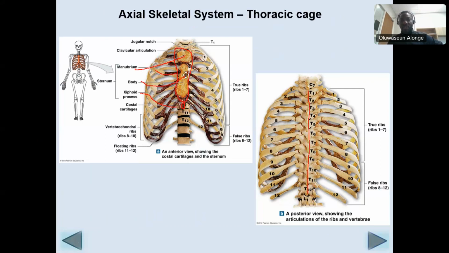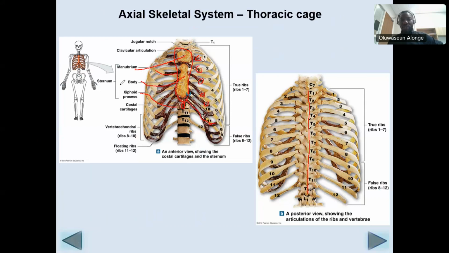Looking at it anteriorly, you see ribs 1, 2, 3, 4, 5, 6, and 7. You see that they are connected directly to the sternum using the costal cartilage.